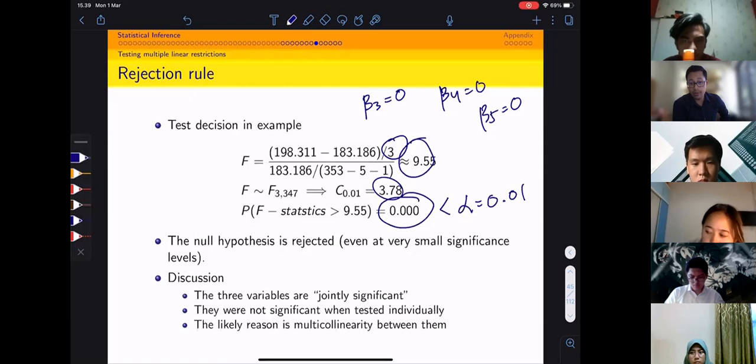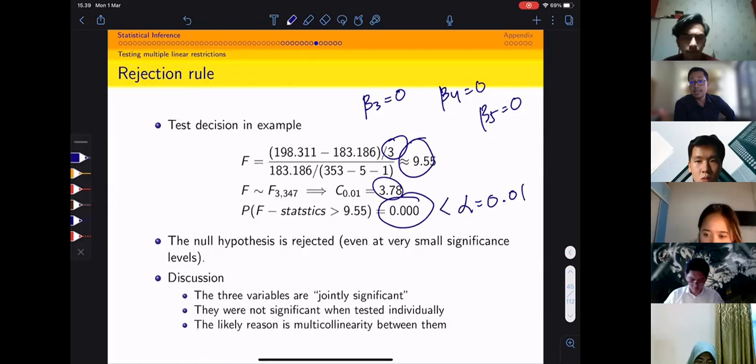jointly significant. Okay, so remember that home runs per year, batting average, and runs batted in per year are not statistically significant individually, but jointly they are significant. So what could be the reason that individually they're not significant, but jointly they're significant?